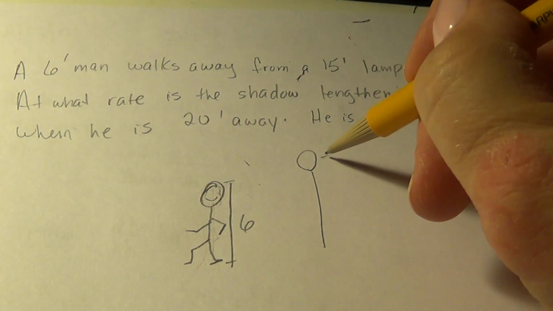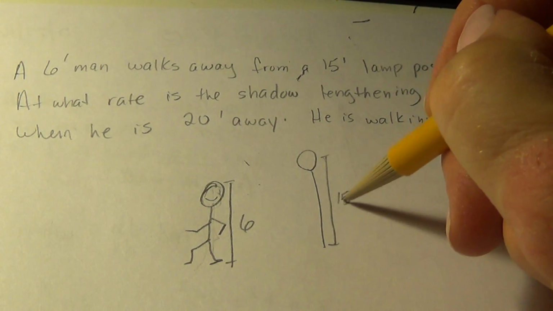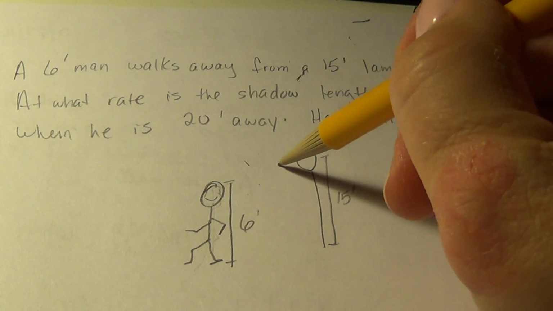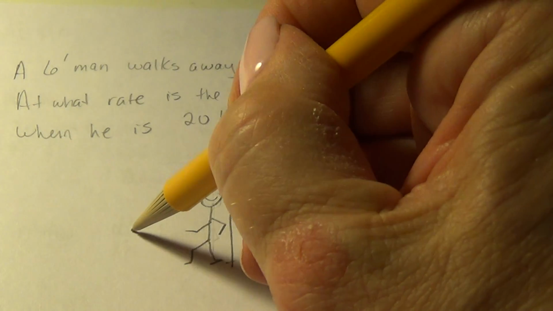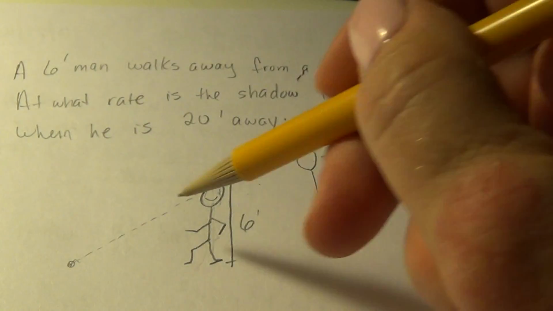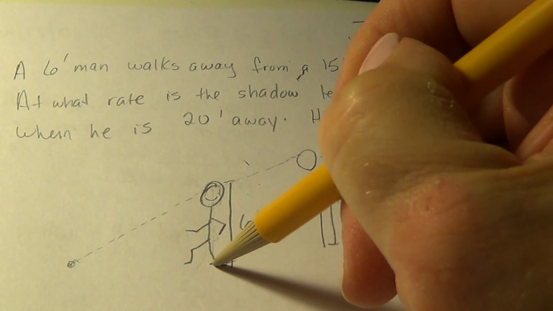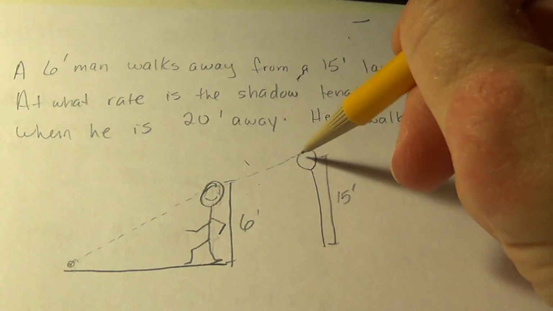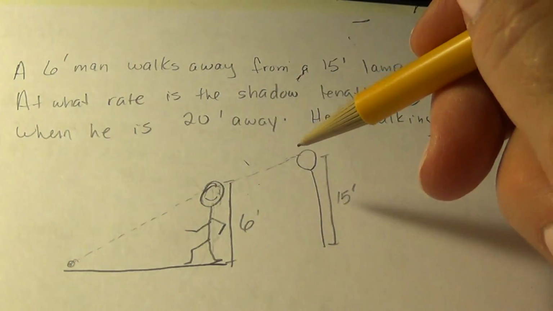This lamp post is 15 feet high. And we're looking at a shadow. A shadow occurs when the lamp post light hits the man and creates a spot right there. So the shadow will go from his feet to that point. And as he walks away, the shadow will change in length.